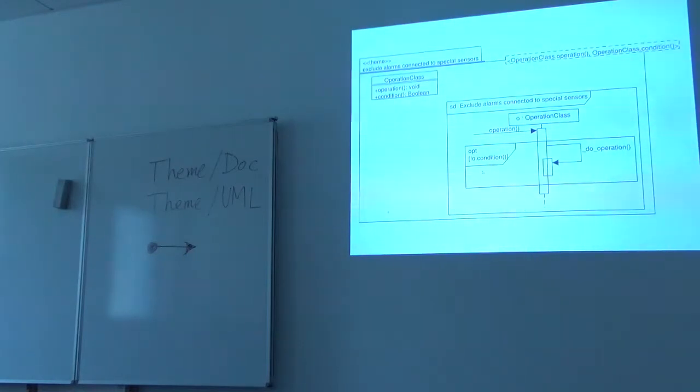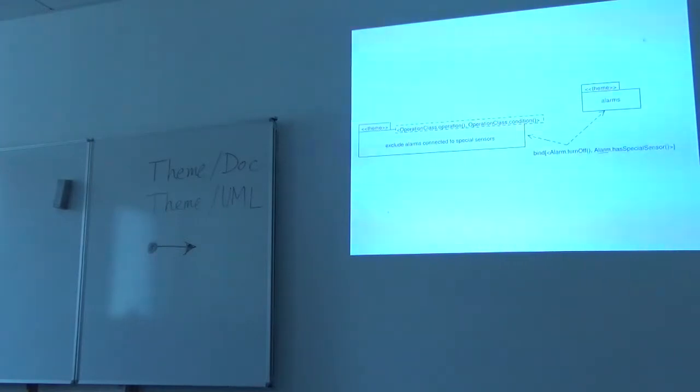What kind of condition? Well, I don't know. It's implemented in this method. I will get it from the outside. Yeah, and as you might expect, this is to be composed with some other theme, and you must then say what is being composed, like this is this bind expression.